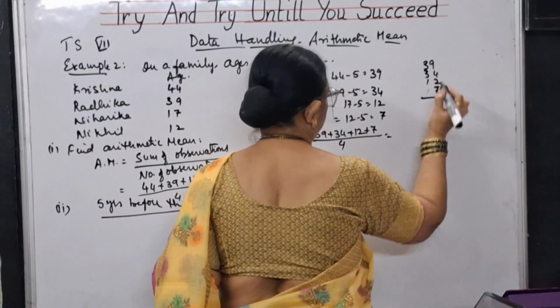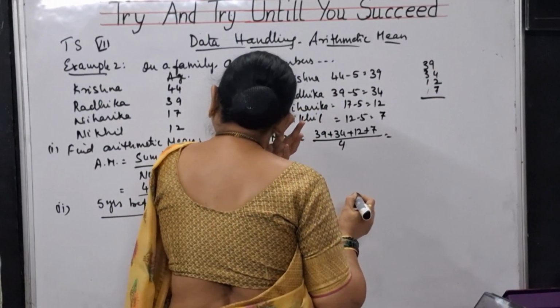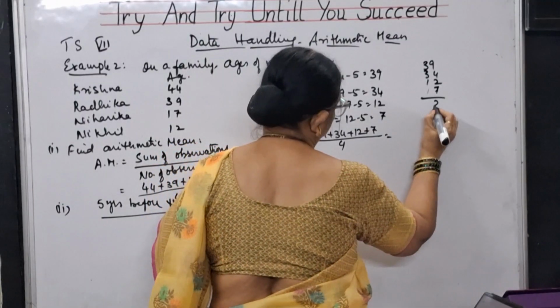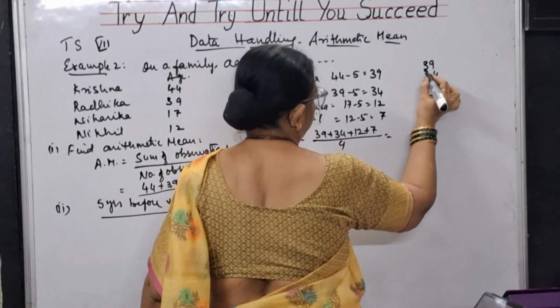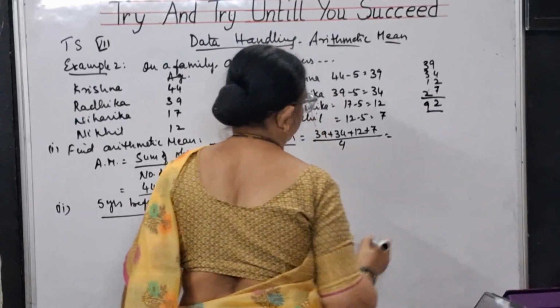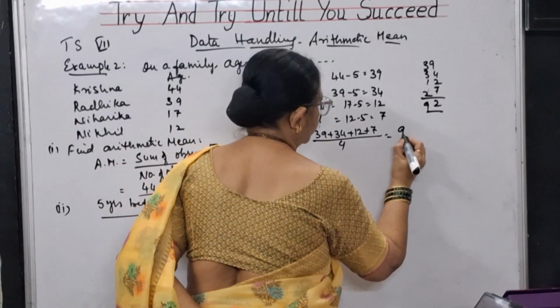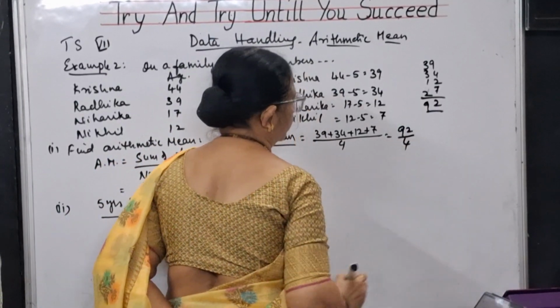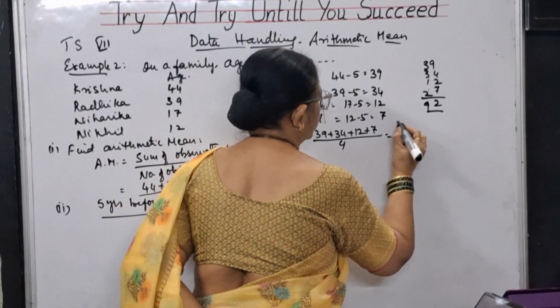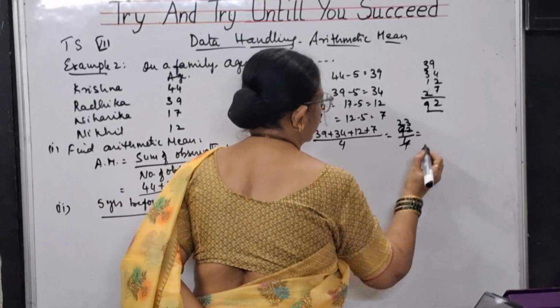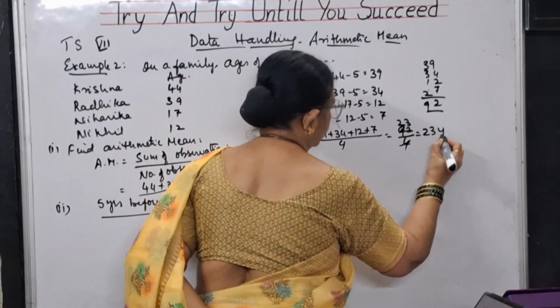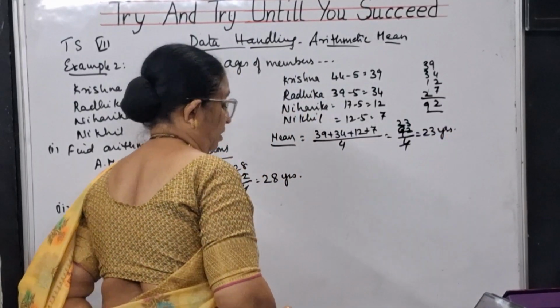So 7 to 9, 9 9s are 18, 18 plus 4, 22. 2 3 3 6 3 9, 92. 92 by 4. 4 2s are 8, 4 3s are 12. So 23 years is the age.